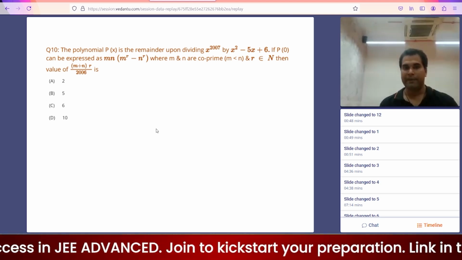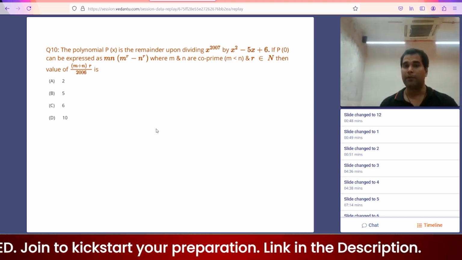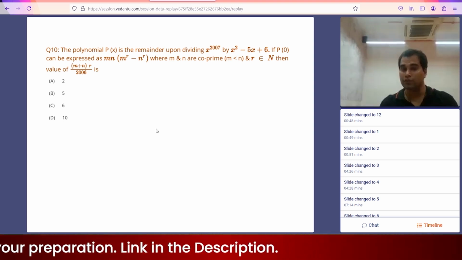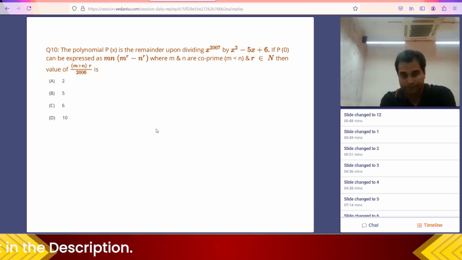The polynomial p(x) leaves a remainder upon division of x^2007 by this.